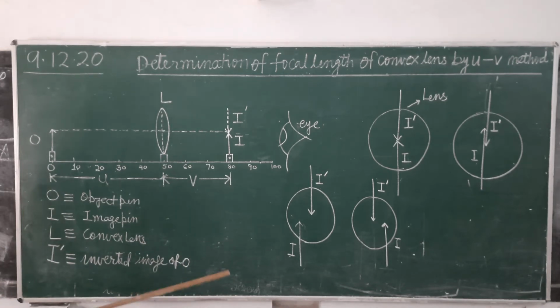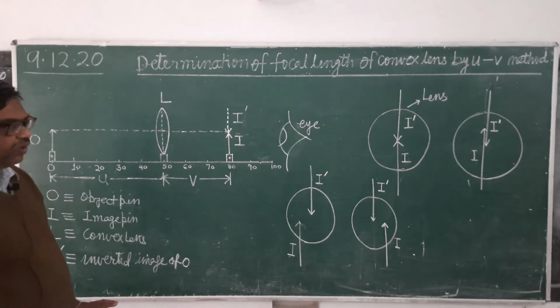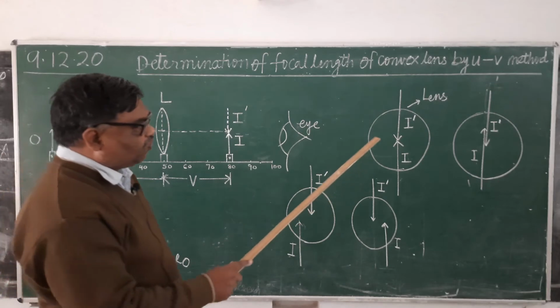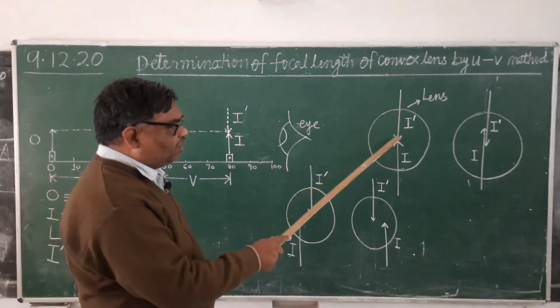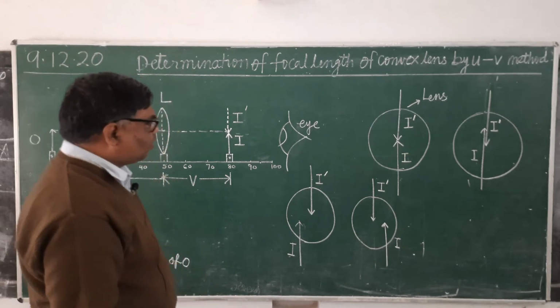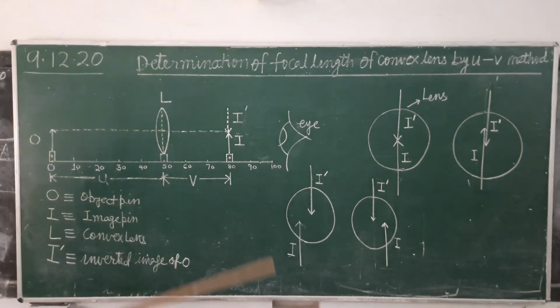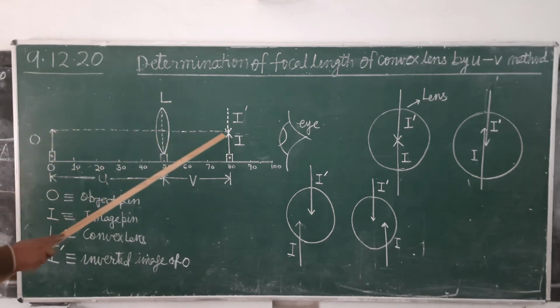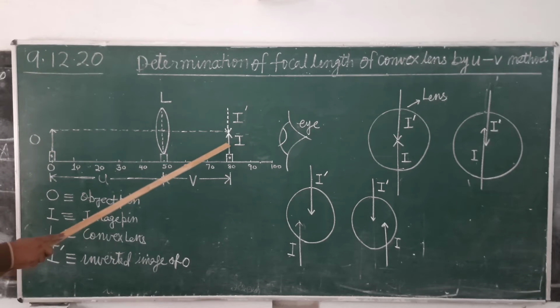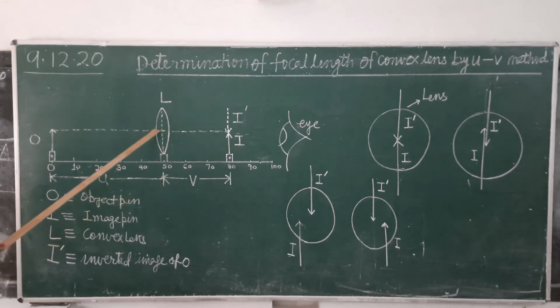So see here, first of all, what will you do? You will try to focus the image pin, that inverted image, at the center of the lens. And one more thing which I have forgotten, you can see here the height of the object pin and the height of the image pin should be approximately up to the center of the lens.